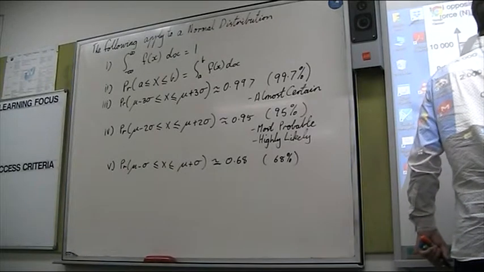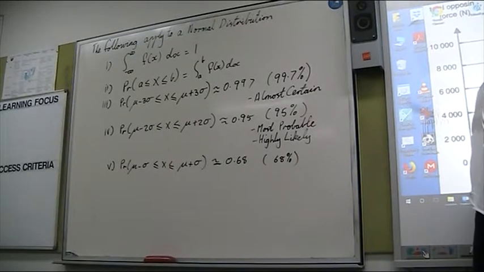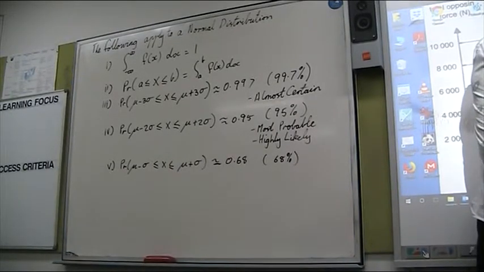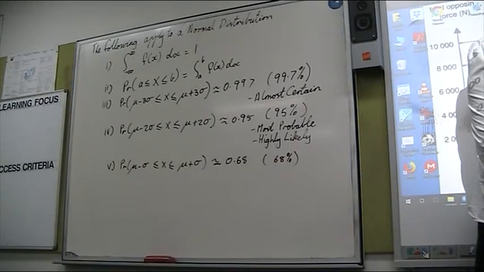Mean 0, 1 standard deviation either side. That's a fair bit of area in there, isn't there? When we go out 2 either side, it's a bit more. And then 3 either side, that's pretty much everything. But it's not. So it's 99.7%, 95%, 68%.